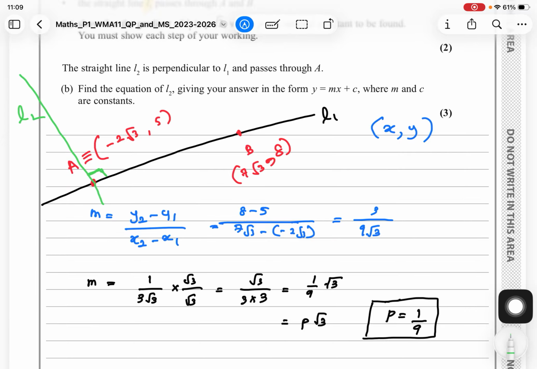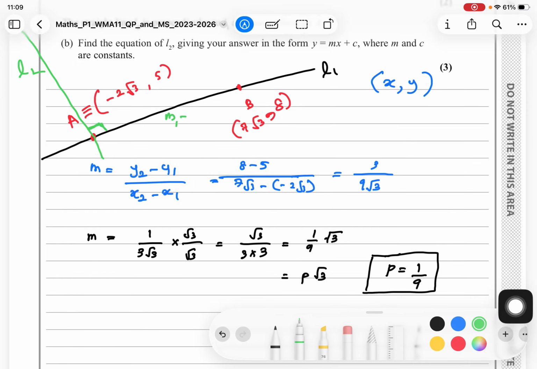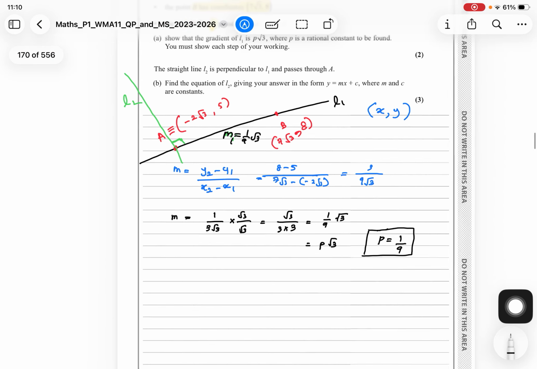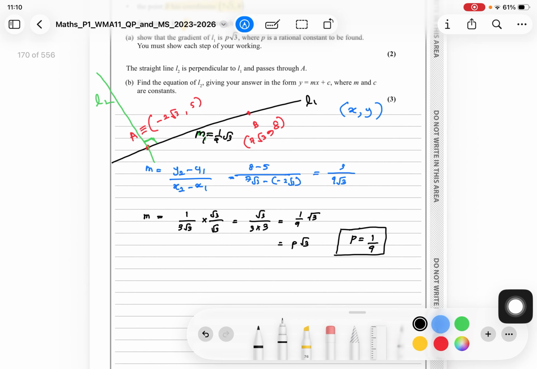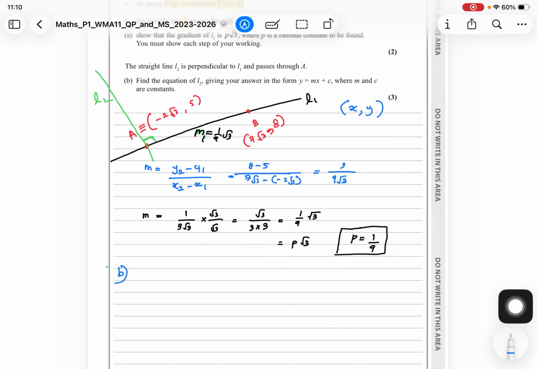We have a point, and the question is whether we have the gradient. We know the gradient of L1 is 1 over 9 root 3. That was for the A part, and this is for the B part.